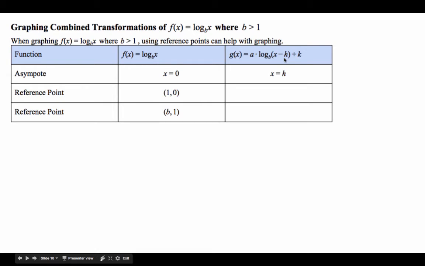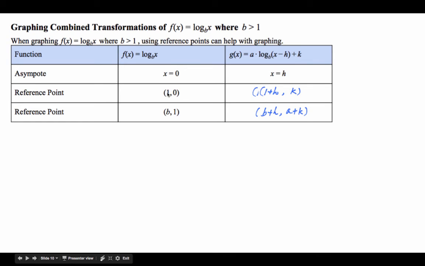Those are horizontal and vertical shifts, right? So we have vertical asymptote of x equal to h, and when you go through the calculation, we end up with 1 plus h, k, and b plus h and a plus k for the second one, okay? And we'll talk about more carefully why that might be the case, but actually, we could talk about it right now.